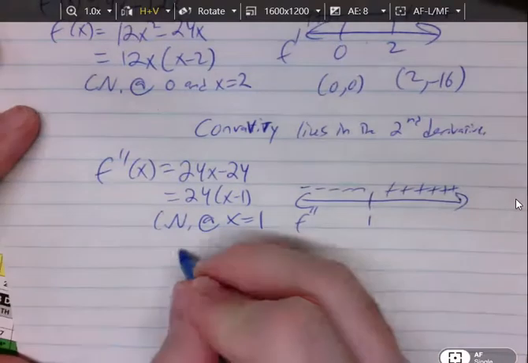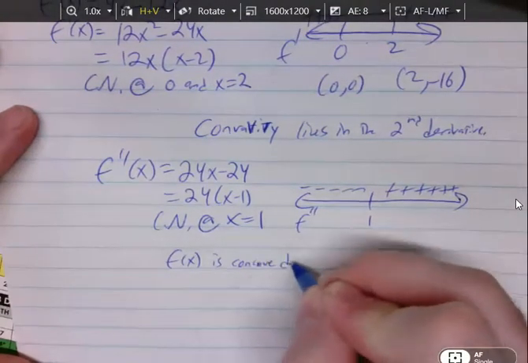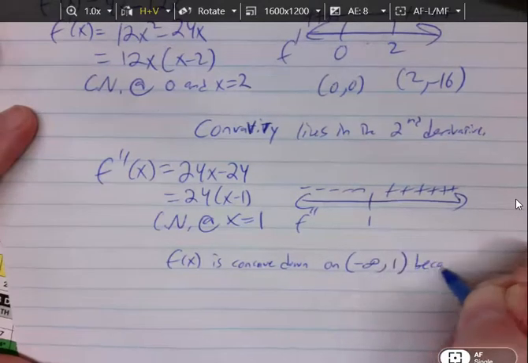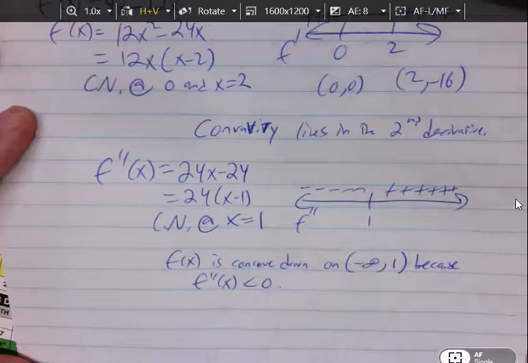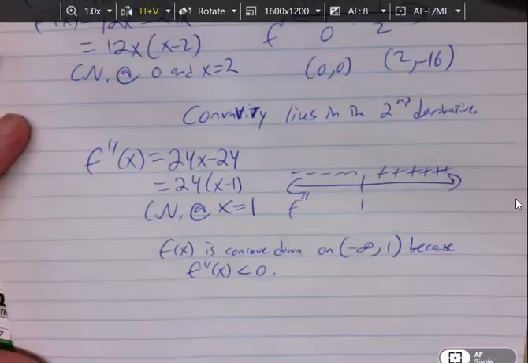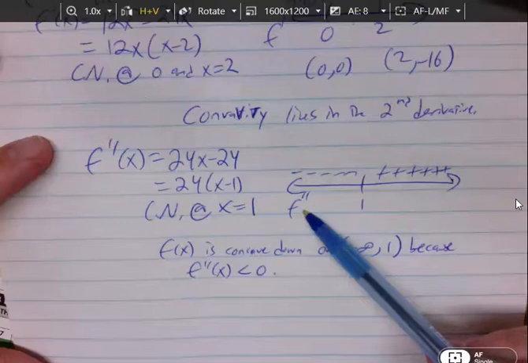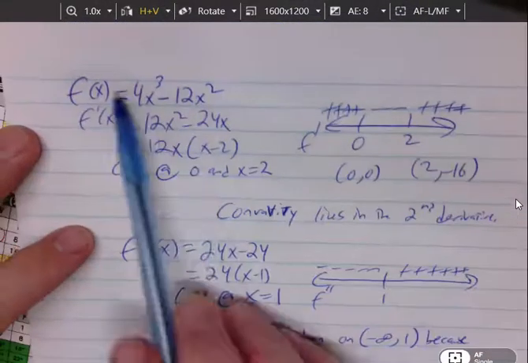So what I would say is f of x is concave down on negative infinity to 1 because f double prime is less than 0. This is the concavity test. So it's exactly like the increasing decreasing test, but you're just on the second derivative level instead of the first derivative. And all this information is telling us about the original function.